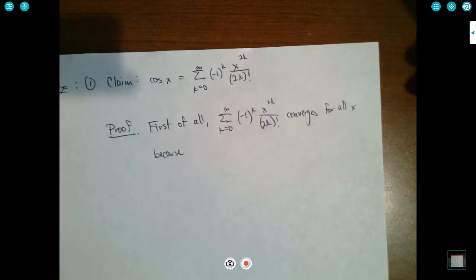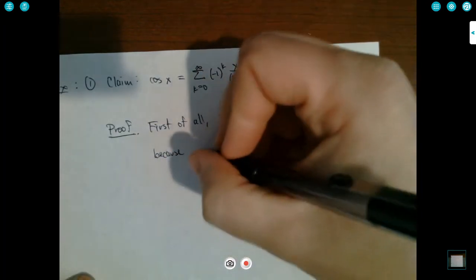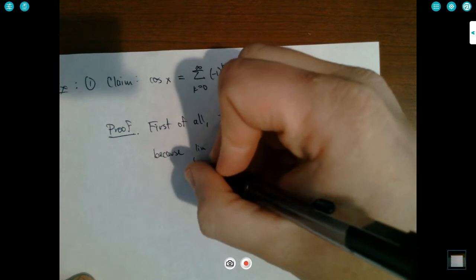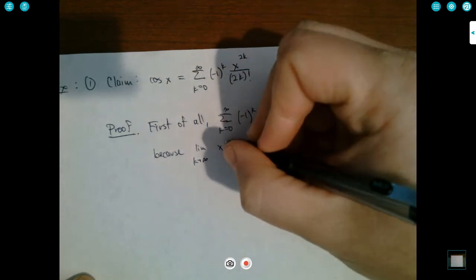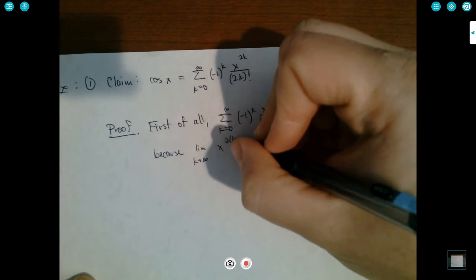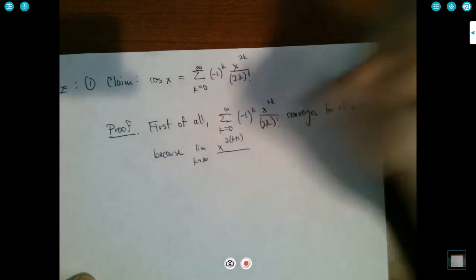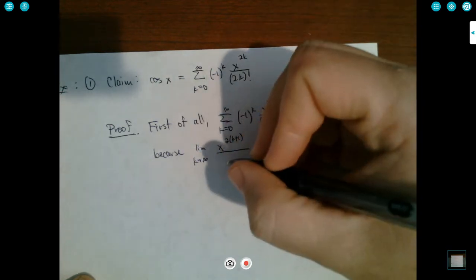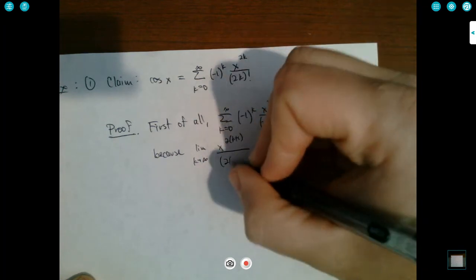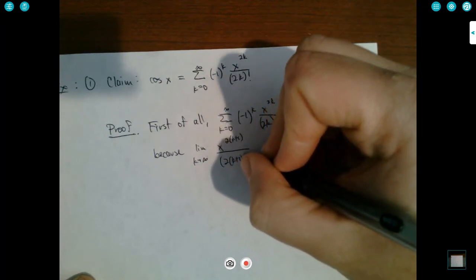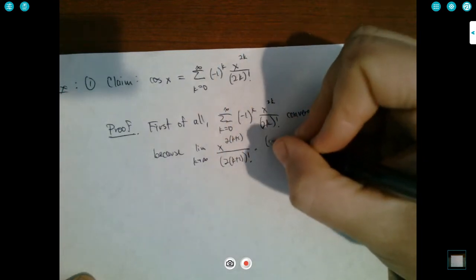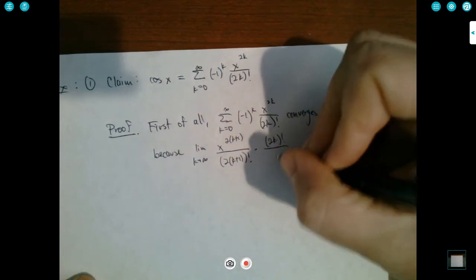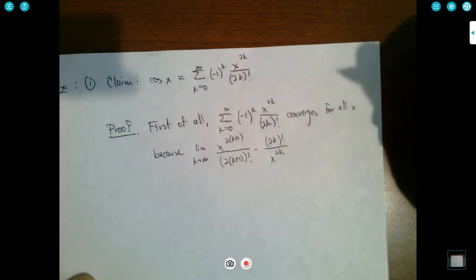well, if we apply the ratio test, we would get the limit as k approaches infinity of x to the 2 times k plus 1 over 2 times k plus 1 factorial times 2k factorial over x to the 2k.